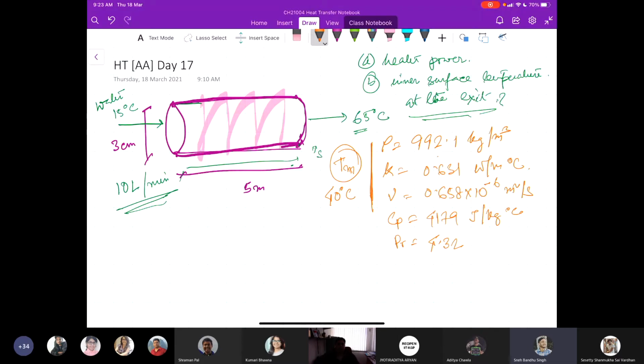See, one thing: in order to calculate Q dot, you need hA delta T. Yes, sir. Now h is also unknown and Q is also unknown. But the information given lets you estimate Q dot even without calculating h. How do you do that?